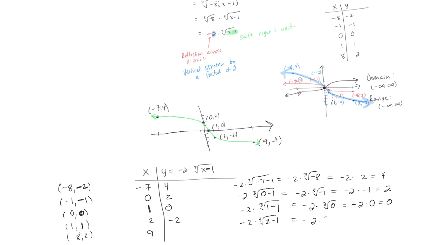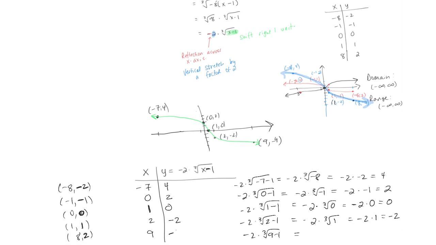And the algebra here would be cube root of 2 minus 1, which would be the same as cube root of 1. So it would be -2 times cube root of 1, which is just -2. Okay, good. All right, and finally 9. We have the cube root of 9 minus 1. Okay, doubling it, we would get 4.